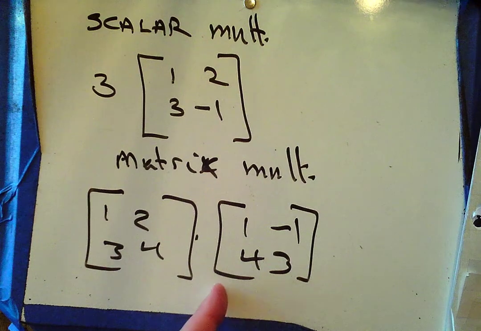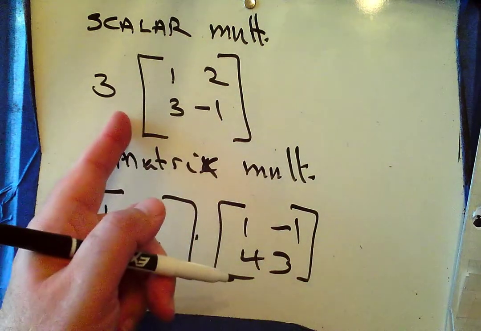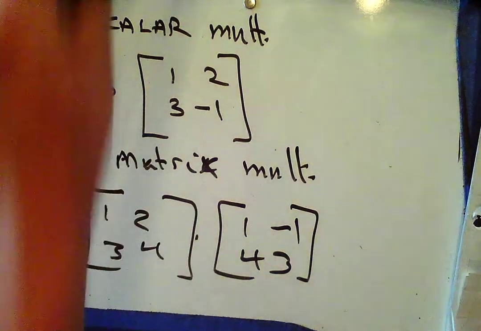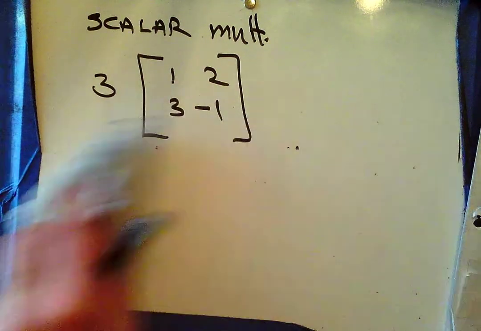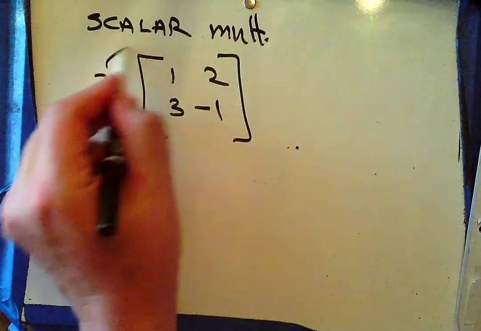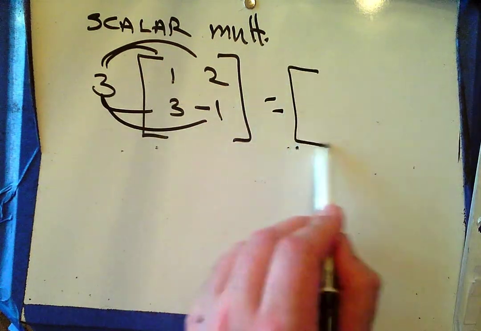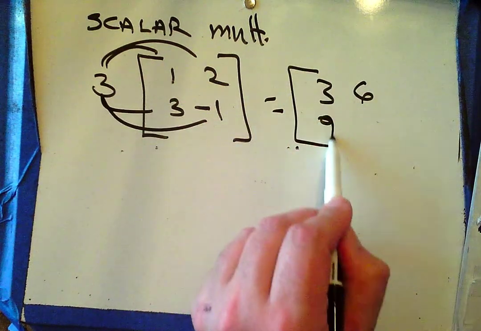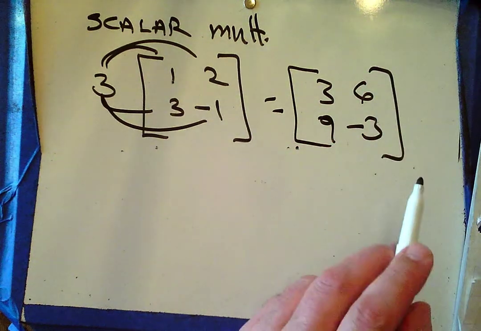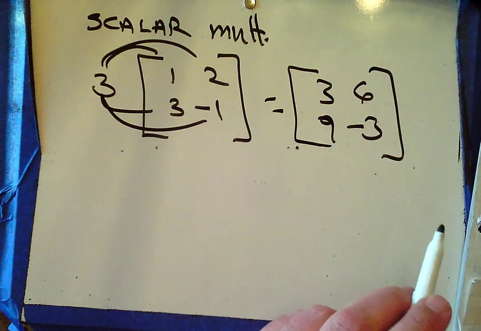This is matrix multiplication, we'll talk about that later. This is just scalar multiplication. It's just a matter of distributing the scalar to each of the values. And so we end up with 3, 6, 9, -3. Scalar multiplication is pretty straightforward.